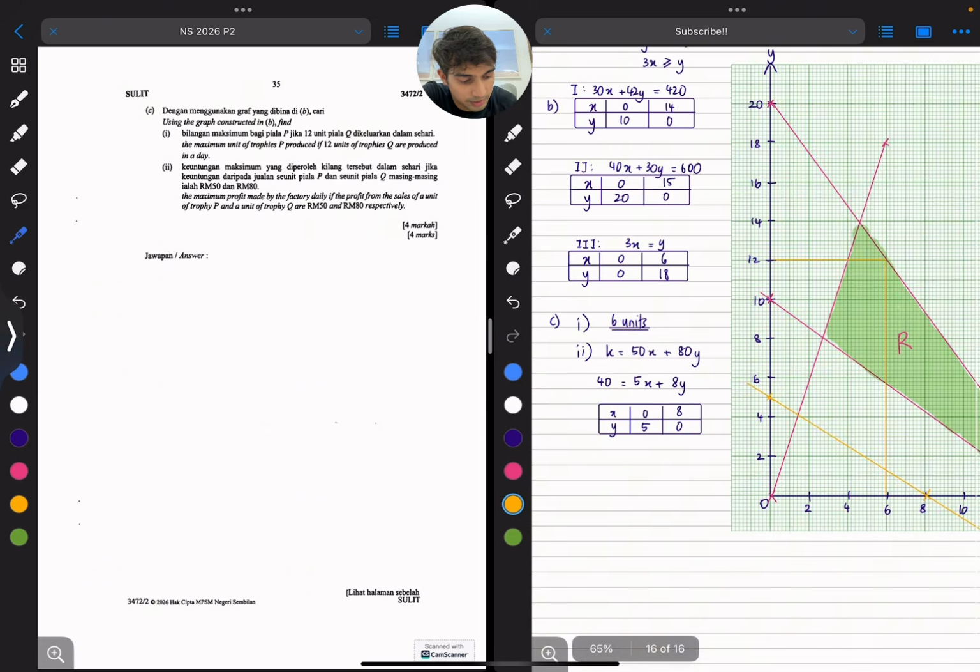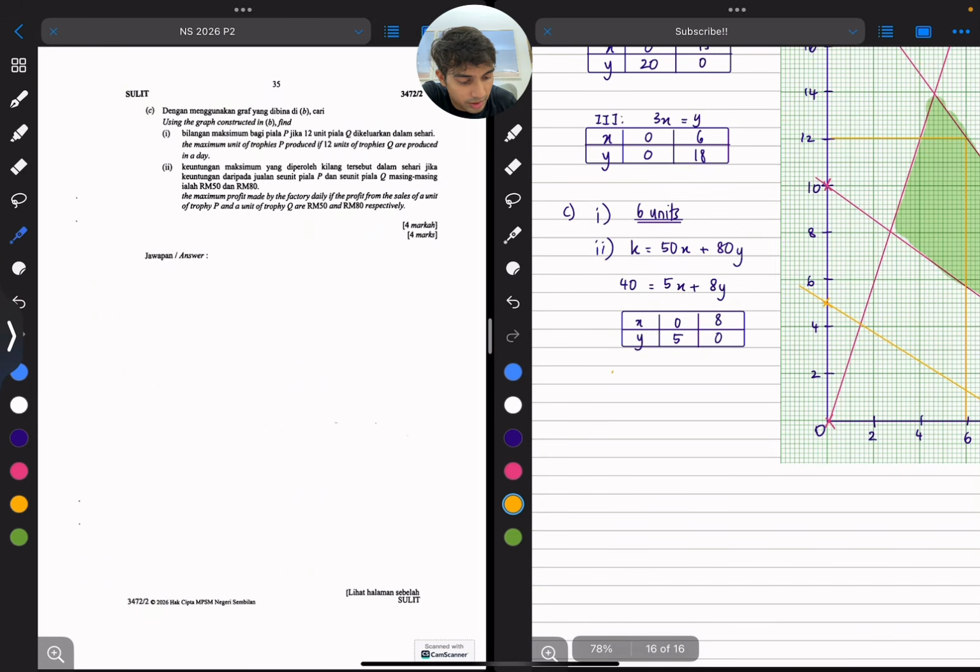So I can say the maximum point is (5, 13). Our maximum profit will be 50 times 5 plus 80 times 13.